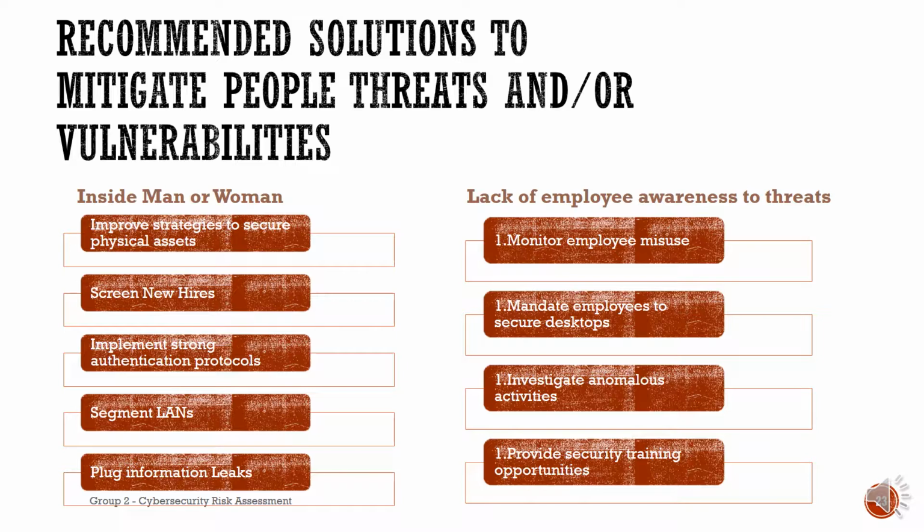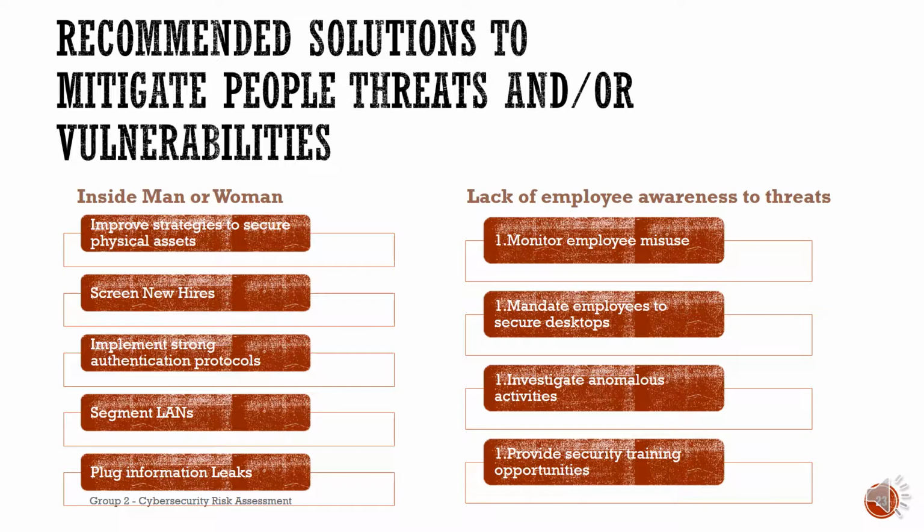For lack of employee awareness to threats, recommendations are monitoring employee misuse by implementing web content filter tools, since they can be set to block pornography, competitors' websites, and hacker tool repositories. We can also mandate employees to secure desktops. We can implement settings for each of our IE security zones to enforce the use of DTL Power's content filtering and internet proxy, and even forbid the use of unsigned third-party macros in MS Office apps.